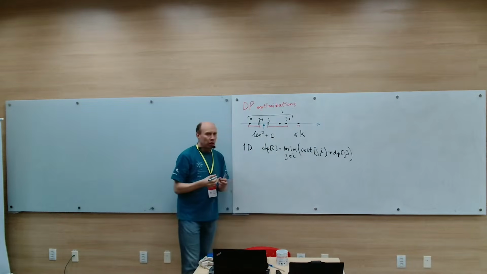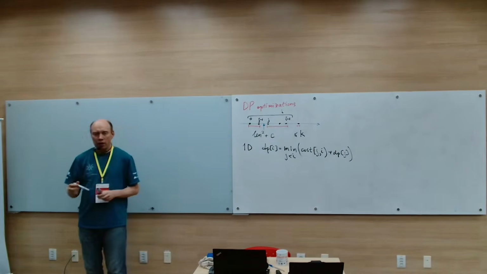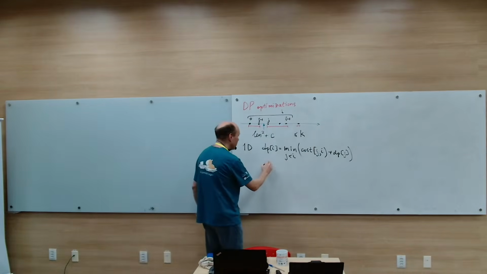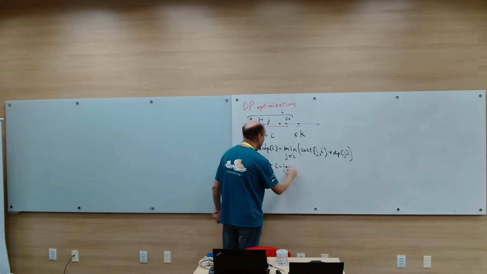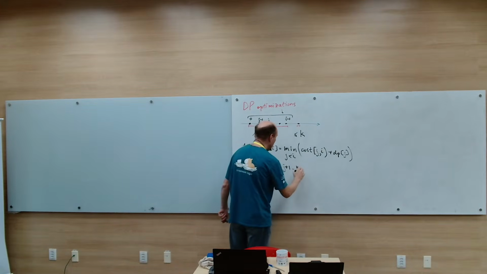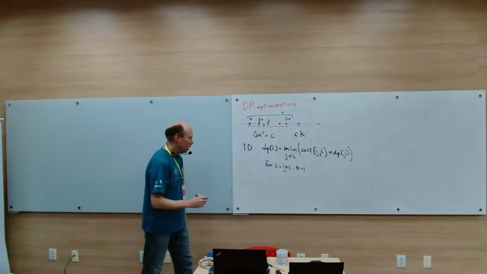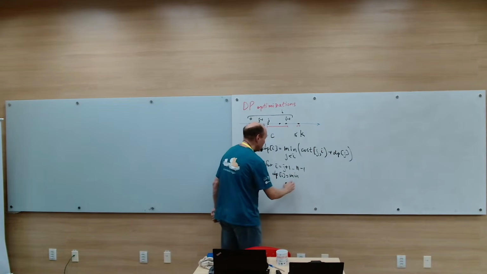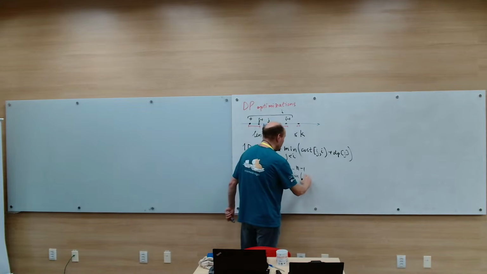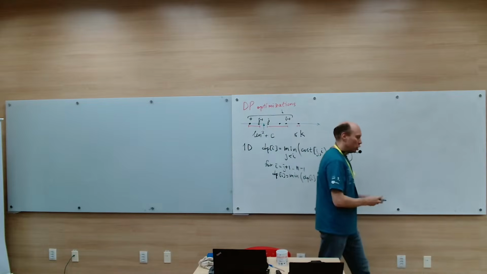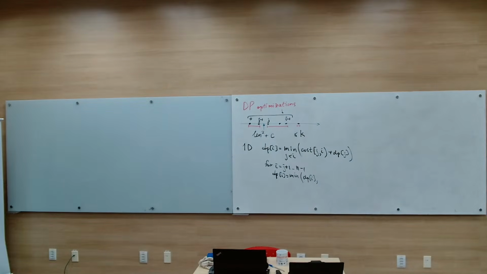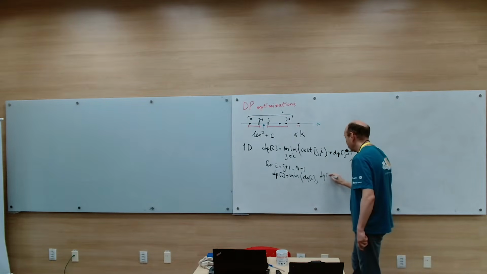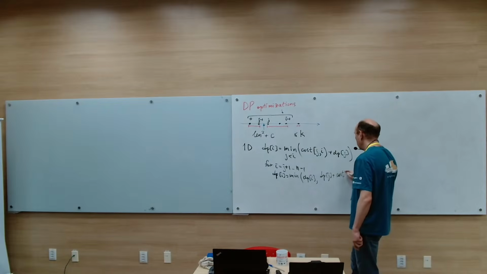Then let's iterate over possible next segments and update the values for greater values of I. So that would be: for I from j plus 1 to n, probably minus 1 inclusive, dp I is the minimum of the current value dp I, which initially you would initialize with infinities, and dp j plus cost of j.